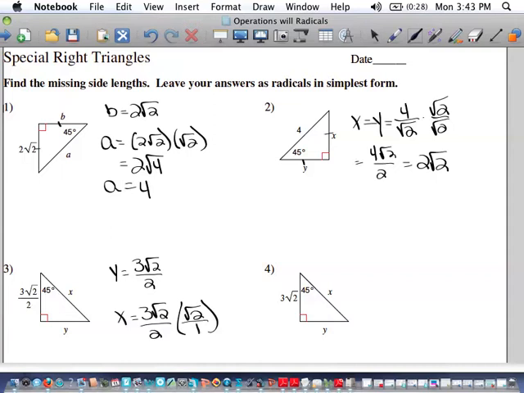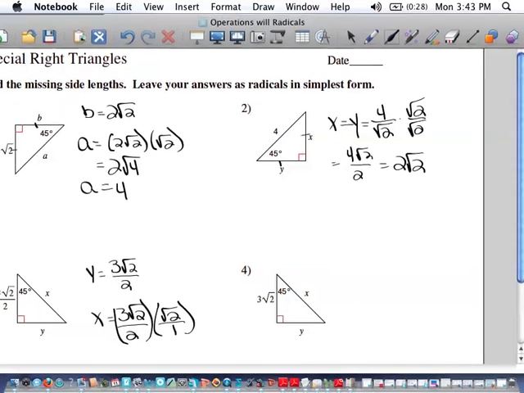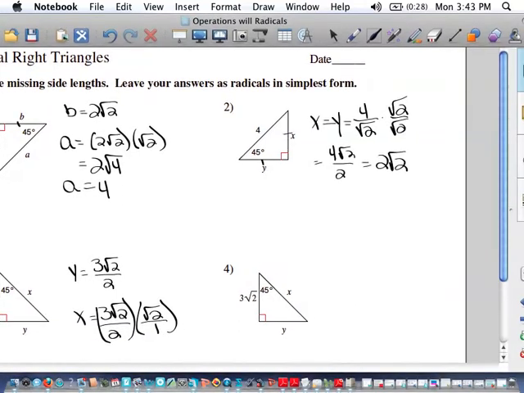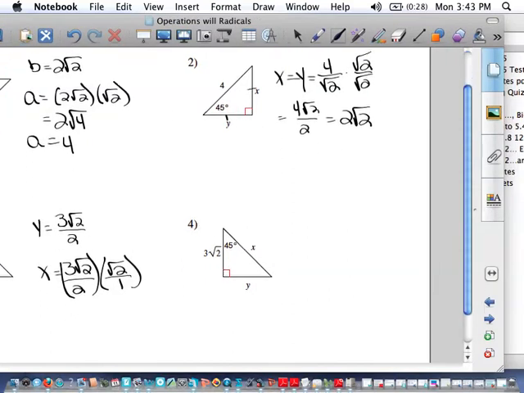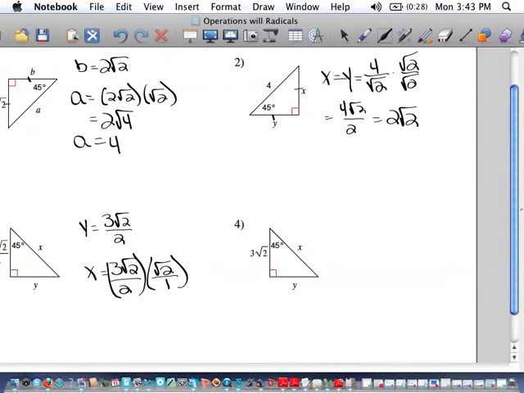And if it helps, put that root 2 over 1 so you recognize you're multiplying those numerators together and you're not multiplying that denominator. So this becomes x is equal to 3 square root of 4 over 2. That's 3 times 2 over 2. They cancel, and that becomes just 3.